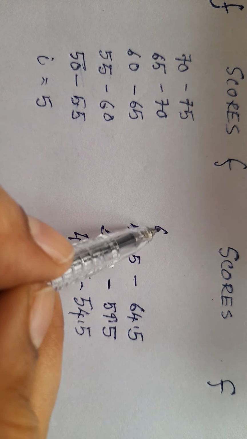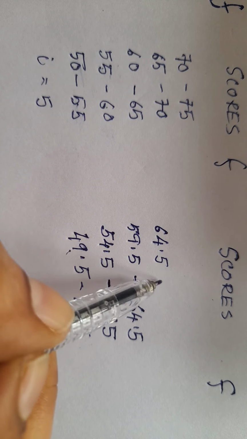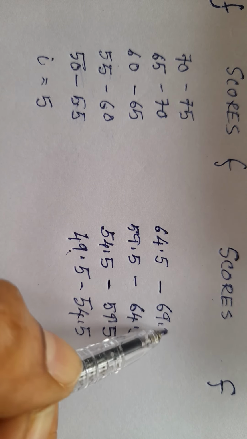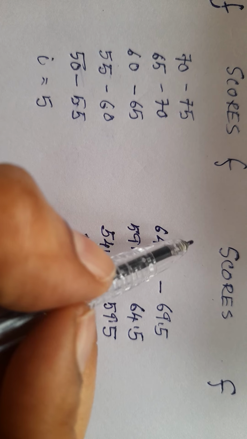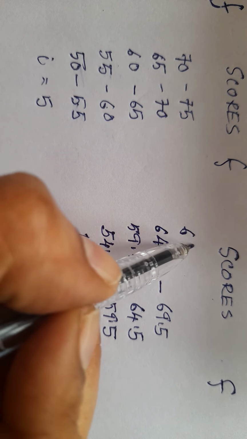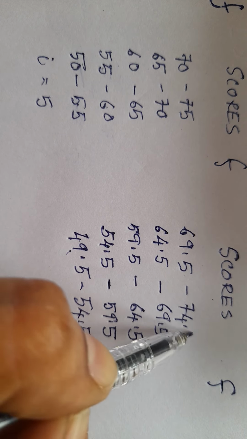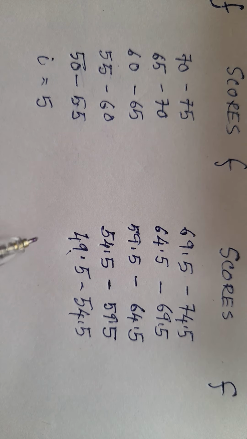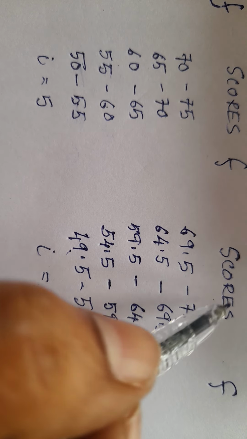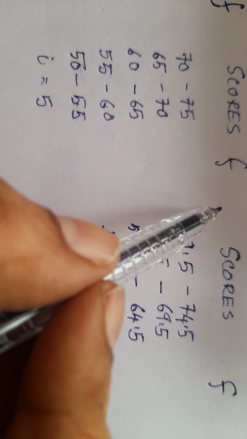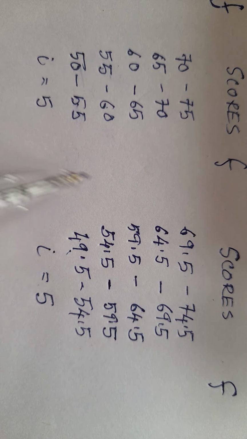Next, 64.5 to 69.5. Now next is 69.5 to 74.5. The interval is the same. Interval is 5. Okay, and you have written the class boundaries.